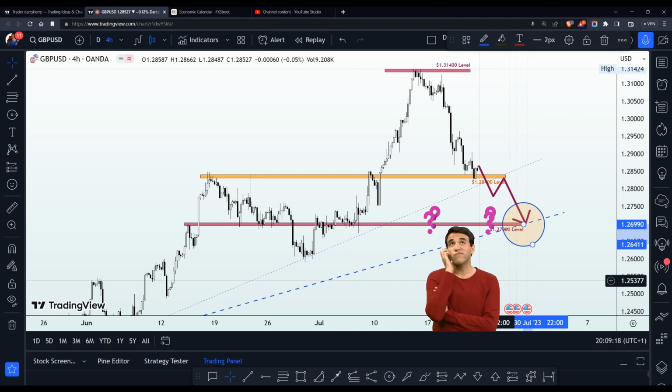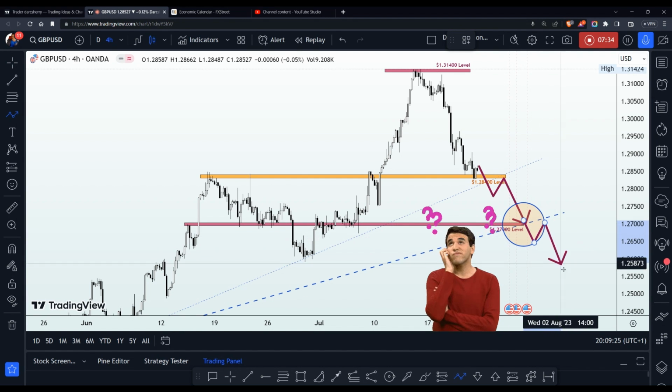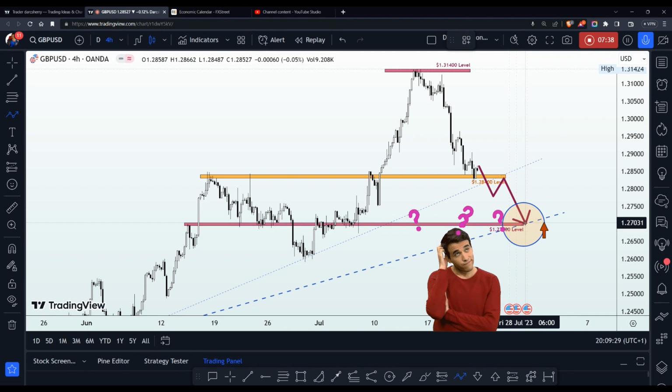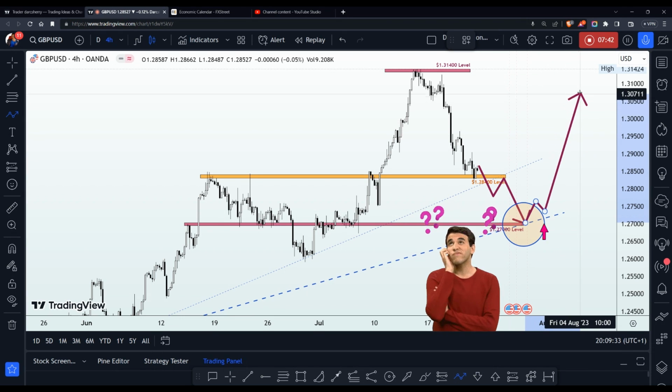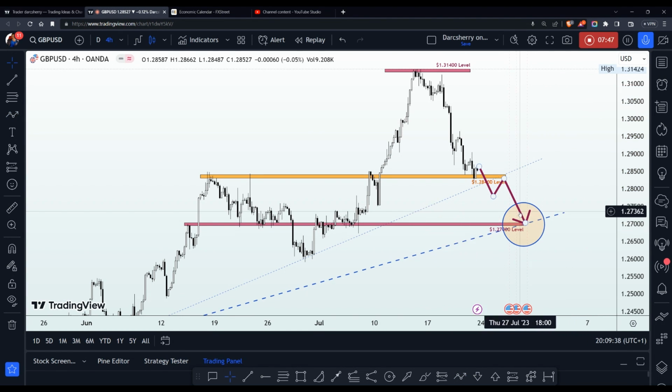And depending on how price reacts to this confluence will determine if we are going to be adding more sell positions at the breakdown retest of that structure, or we are probably going to be joining another wave of bullish momentum if buy pressure resumes around that area. So these are my views here on the GBPUSD for this week.